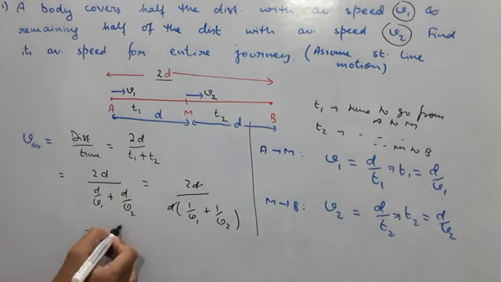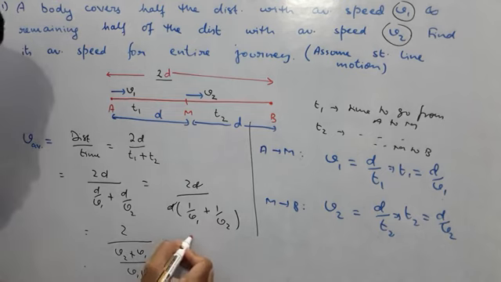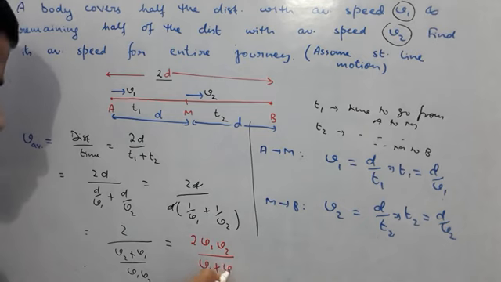So what will be left? 2 upon, we will take the LCM v1 into v2, so this will become v2 plus v1. So this gives us the final answer for average speed for the entire journey as twice of v1 v2 upon v1 plus v2. Is this method clear, students?